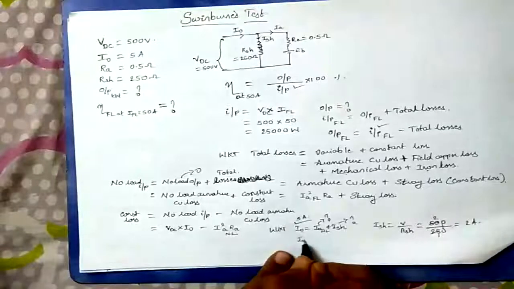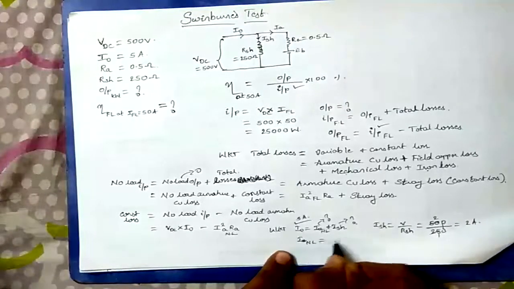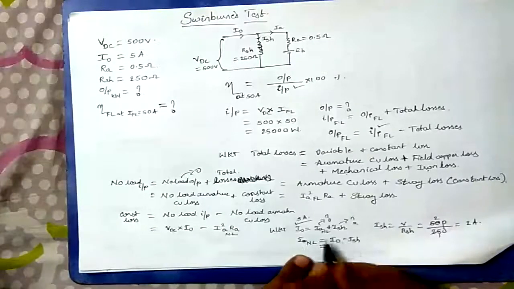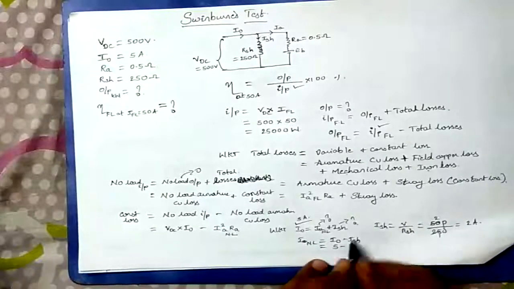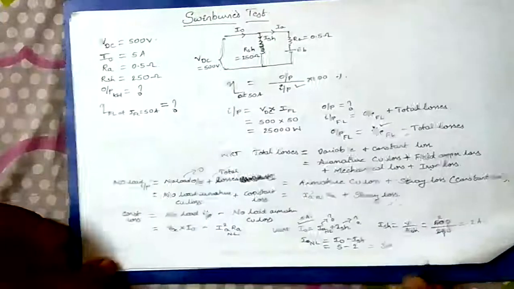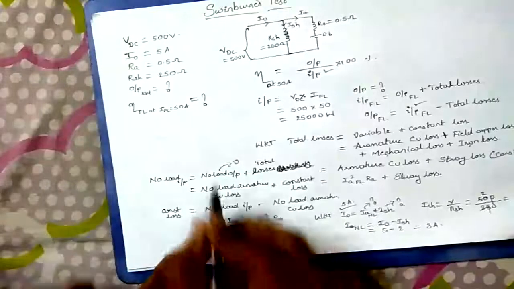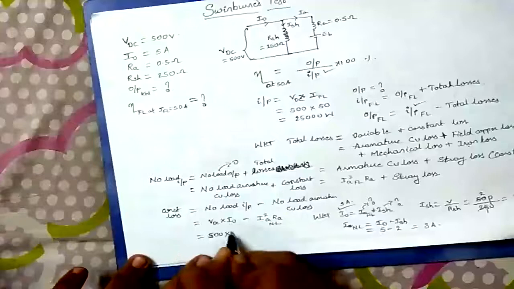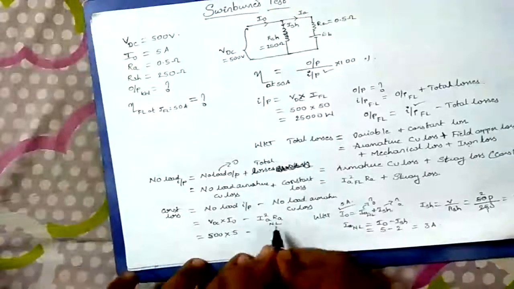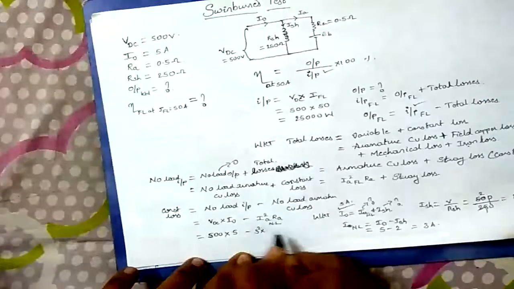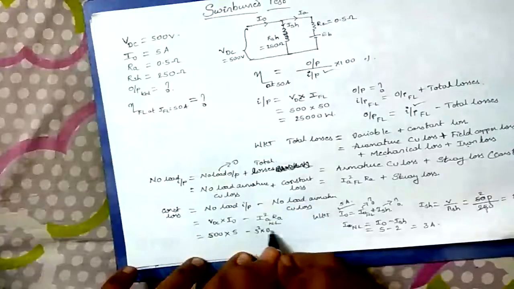So IA no load is equal to I naught minus ISH. I naught is 5 ampere and ISH is 2 ampere, so it is 3 ampere. So I shall write here VDC is 500 into I naught is 5, minus I square A, that is 3 square, into RA, which is 0.5.